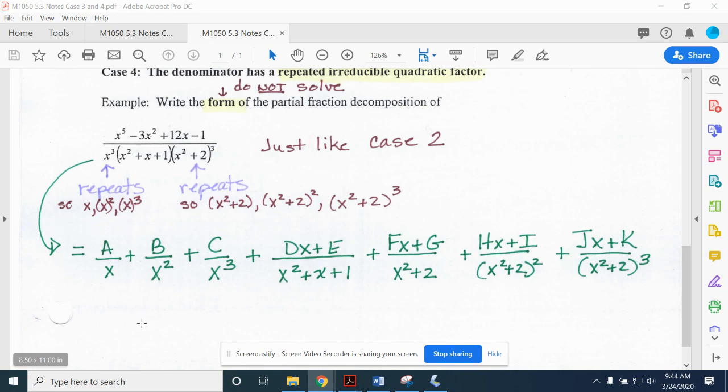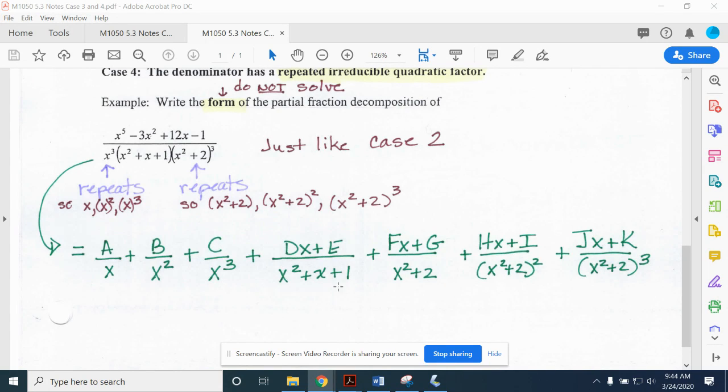That's why the numerator is only the constant B. Same thing with the third one. It's x cubed. So again, x is originally linear. So for linear, the next item in order would be its constant of C.